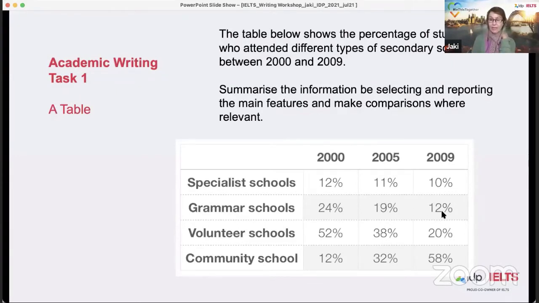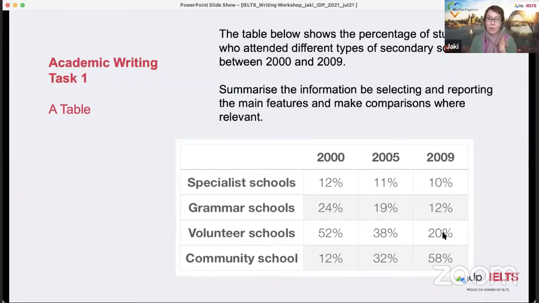It actually dropped by half, right? It dropped by half. So it's good if you can try, of course you can say it dropped from 24% to 12%. That's fine. But it's good if you use different language. It dropped by half, didn't it? Volunteer schools, what happened? 52 to 20. That's a huge drop.